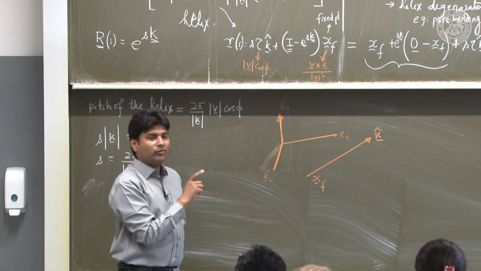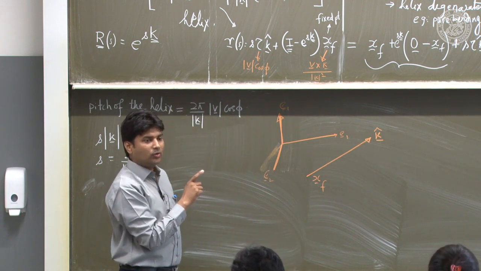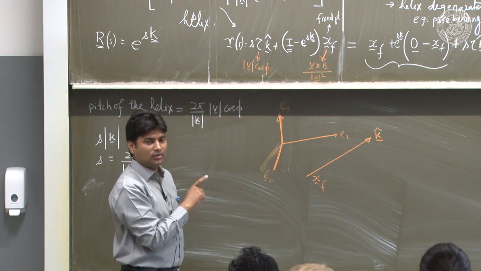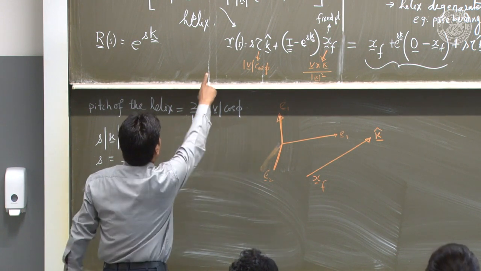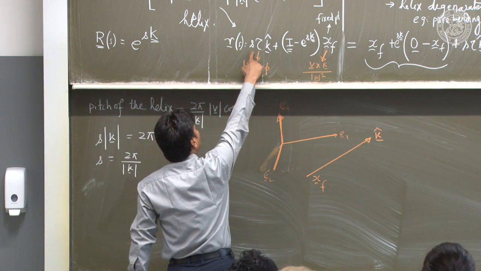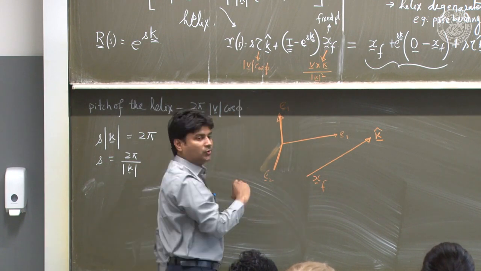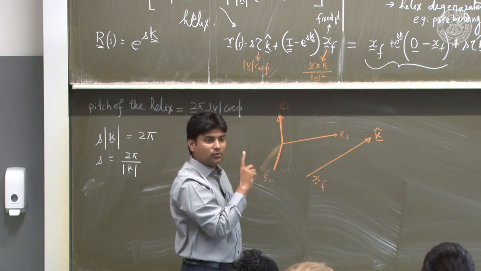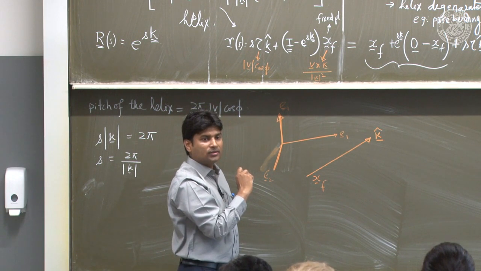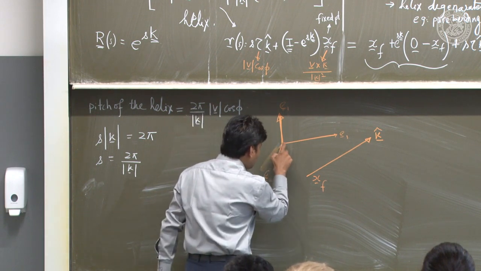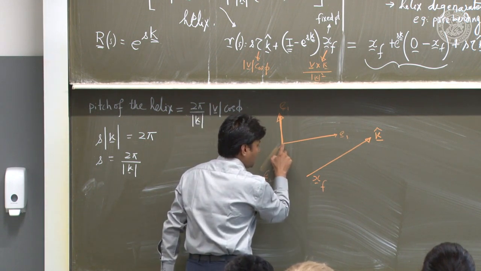You see little r of s at s equal to 0 is equal to 0, isn't it? When you plug in s equal to 0, little r of s becomes 0. So the center line is passing through the origin, right. So it is definitely present here at s equal to 0.